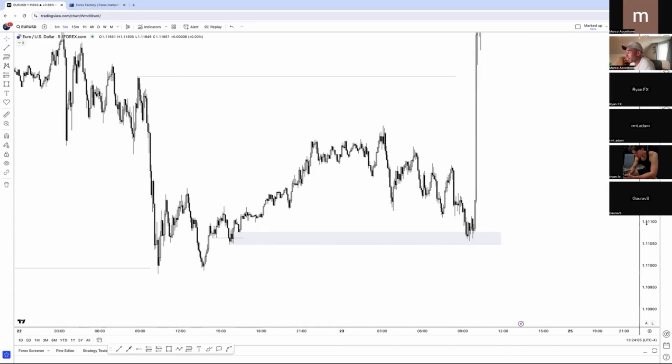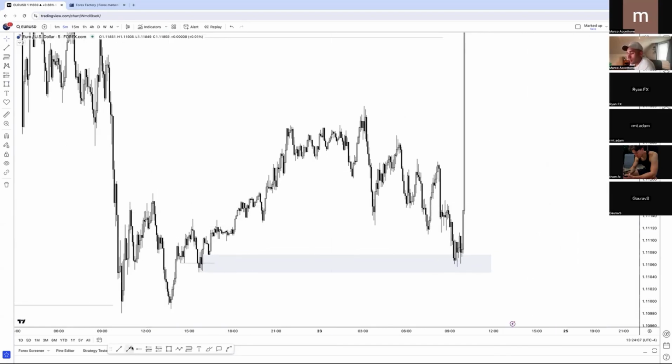What happens beforehand though? We get a run higher, printing a new high. Then we get a sell off here, inducing sellers. We get a retracement back to the highs and we respect this area and move away. What does that tell me? We now have liquidity above here. So now we're starting to build that story for us to continue higher.